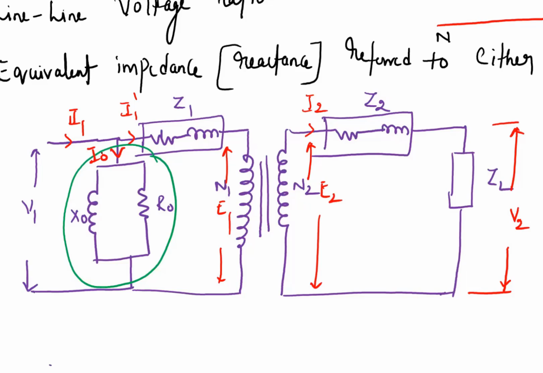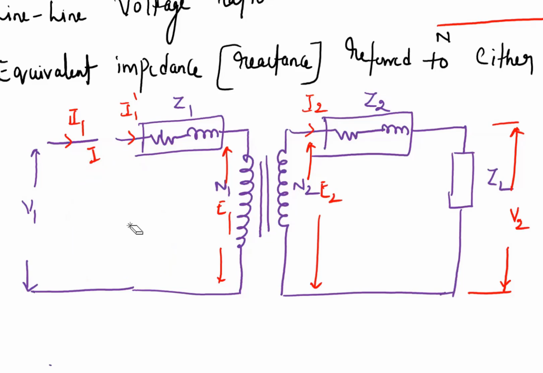So in power system analysis, whenever we model the transformer, we neglect the magnetizing circuit of the transformer. When you neglect this portion, what are you going to get? You are going to get this one. So there will not be any difference. We are directly calling this one as I1.